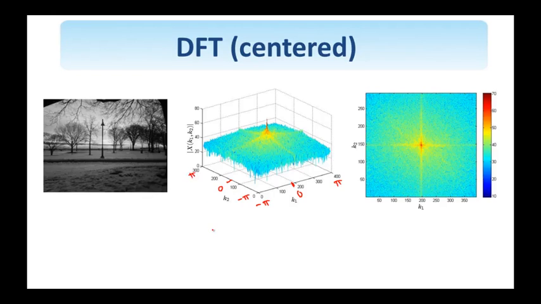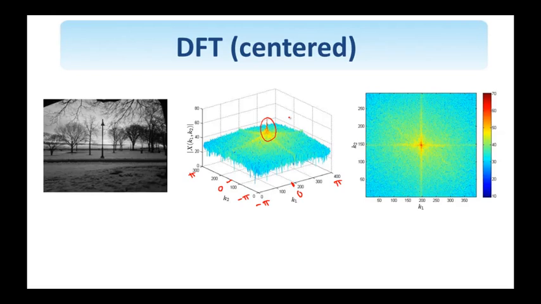So we see here more clearly that there is a peak at 0, 0, and then as the frequencies increase in all directions, the magnitude drops off, becomes much smaller. The question is, how can I center the spectrum as shown here?